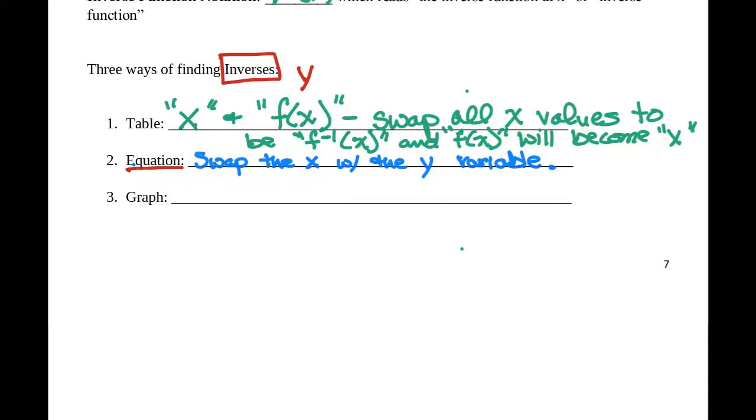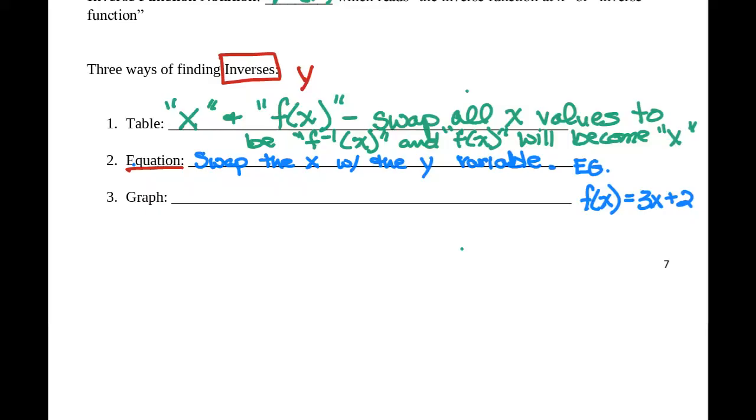So, example, let me give you a quick example. EG means example. It's probably going to say f of x, first of all. And it's going to say f of x equals 3x plus 2.